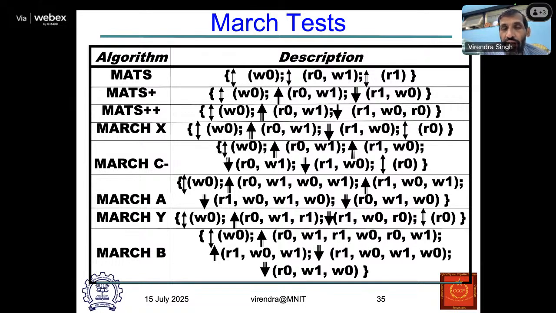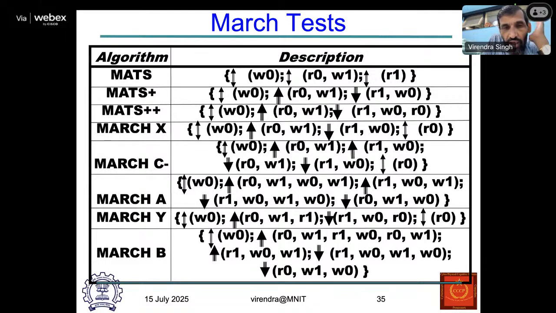However, it won't detect the transition fault from 1 to 0. If I change the sequence, making it first W1, then R1, W0 and R0, it can detect every stuck-at fault and the transition from 1 to 0, but it won't be able to test the transition from 0 to 1.